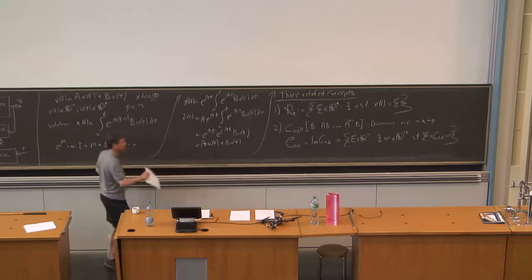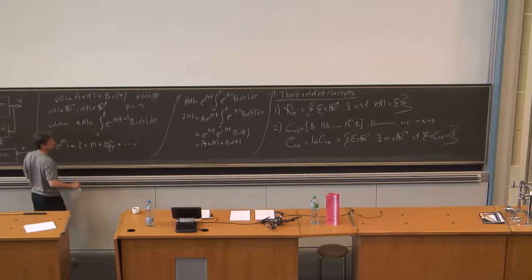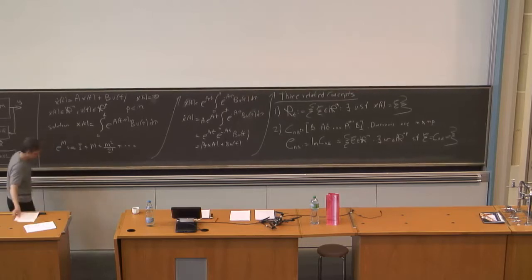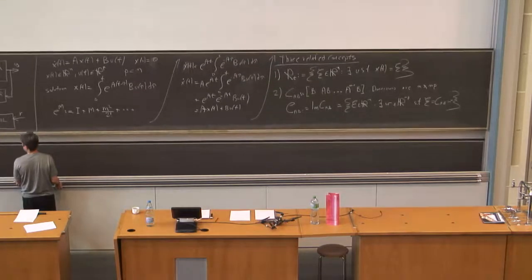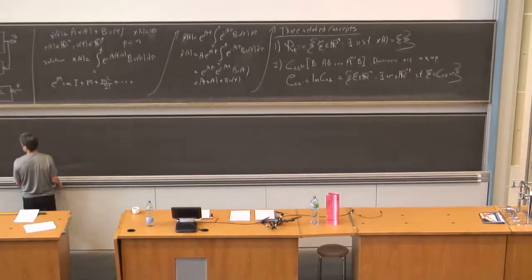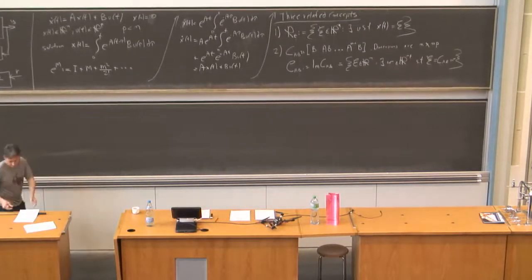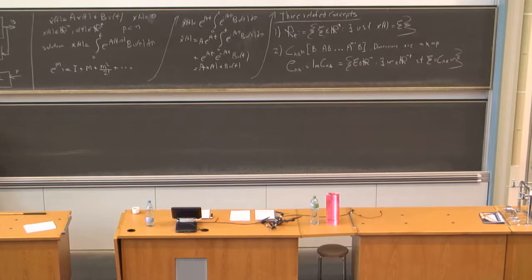So that's the second concept I want to introduce. I'm not saying any relationship between 1 and 2. Let me introduce a third concept. Okay, the third concept is the controllability Gramian.